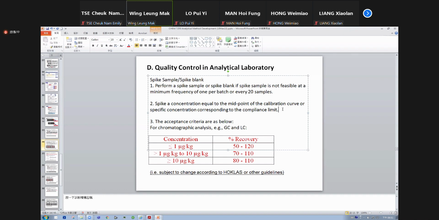Okay, we need to measure our result within the calibration curve. So if you add too high a concentration, if it is out of the calibration curve, you need to dilute the samples and repeat again. So normally the spike concentration is equal to the midpoint of the calibration curve only. Okay.